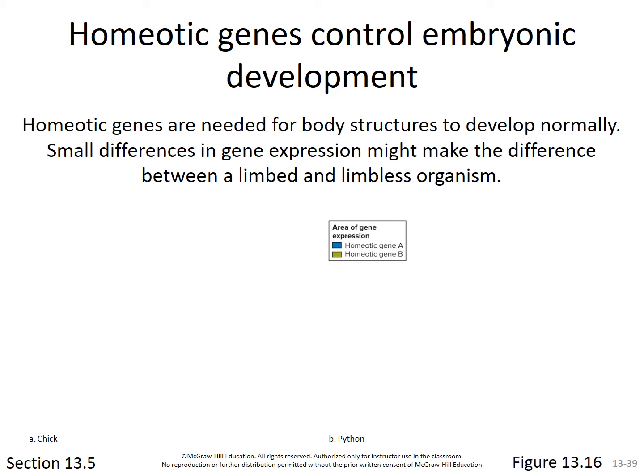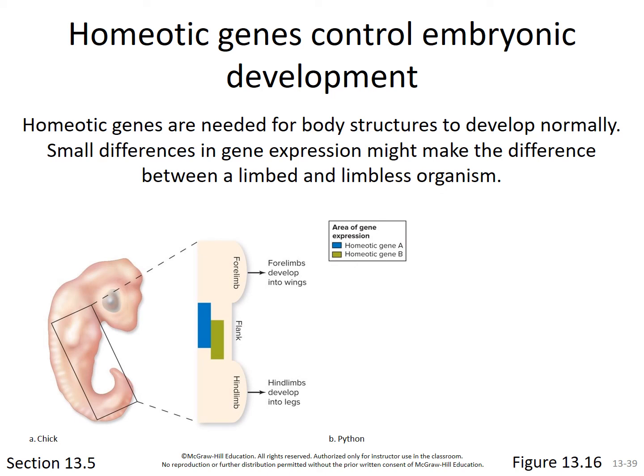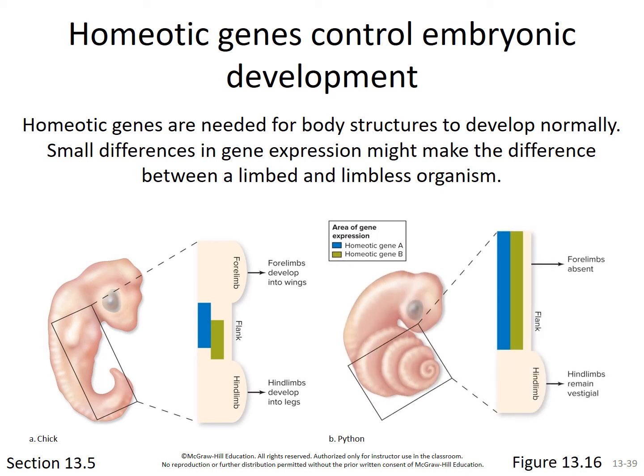So in this example, you have two genes, A and B, and they're responsible for patterning the forelimbs and the hind limbs. And when you have this particular location of genes A and B, then you get this particular developmental pattern. Contrastingly, when you take a look at a python, the forelimbs are going to be completely absent. The hind limbs are going to remain vestigial.